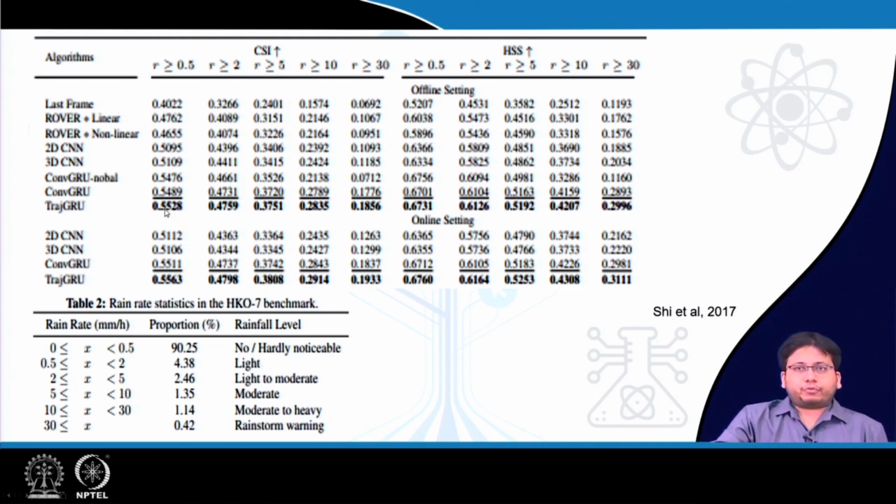So rather than forecasting exact rainfall, they forecast which bins of rainfall are going to happen after, say, 4 hours. They show that for all the bins TrajGRU is giving a better result compared to all the existing methods, including ConvLSTM as well as ConvGRU.